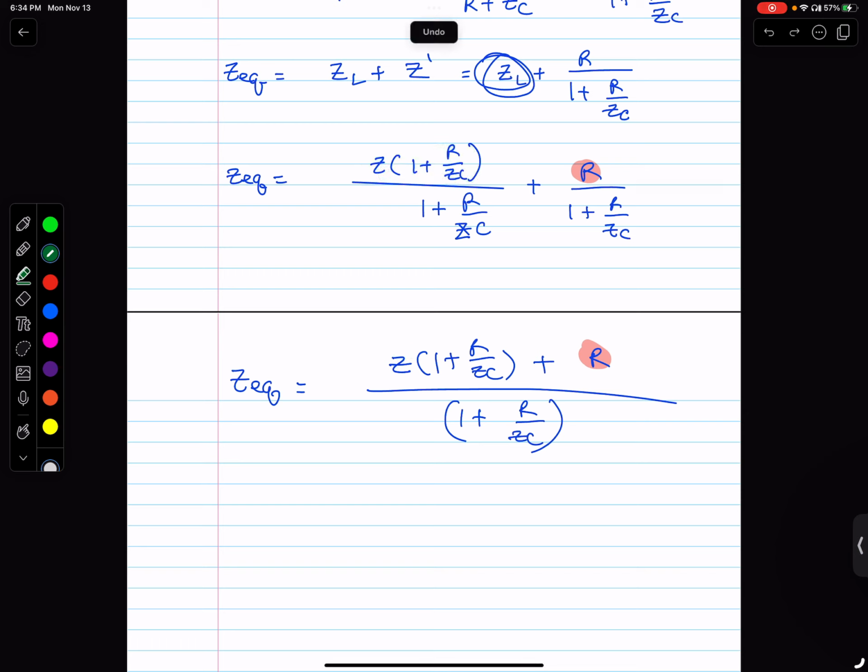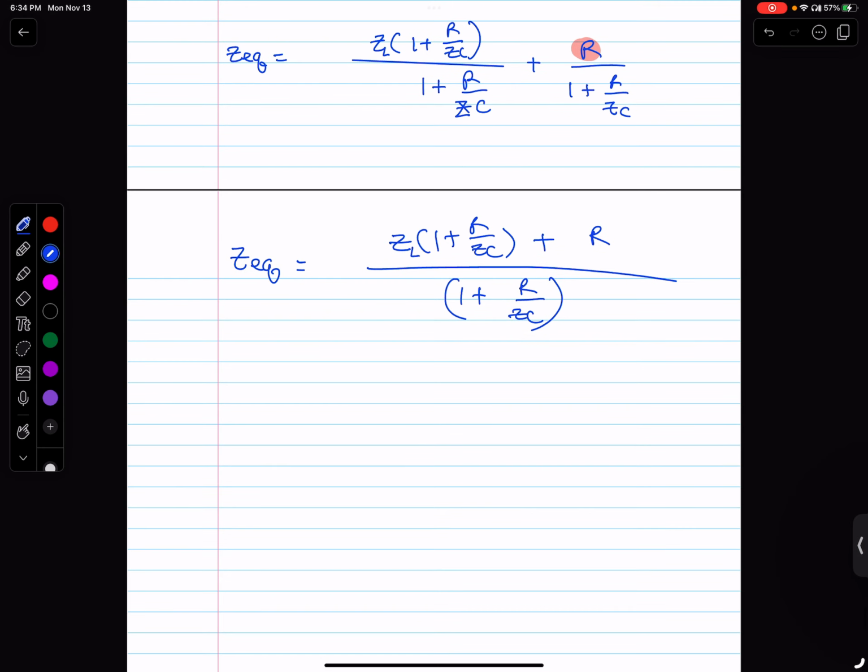So just the denominator is factored out. Now that's the Z equivalent, ZL plus ZL R. This is again ZL. All of this is ZL.